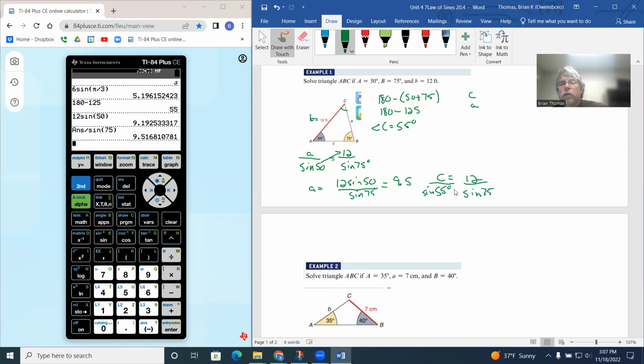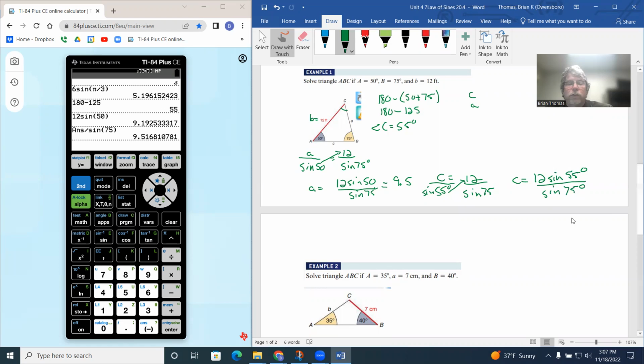Remember, we could cross multiply or really just multiply that one way. So C is going to equal 12 sine of 55 degrees over sine of 75 degrees.